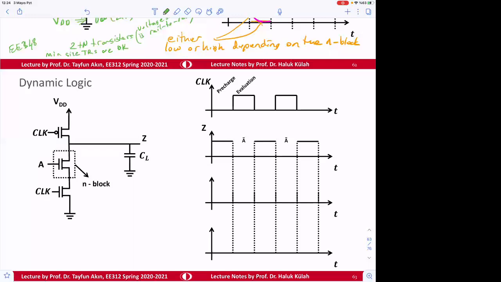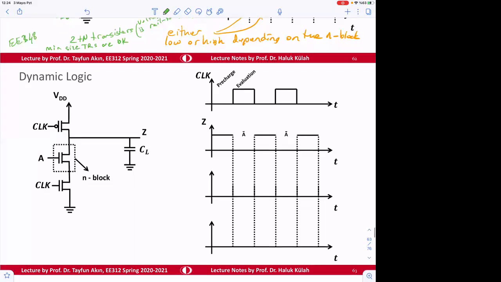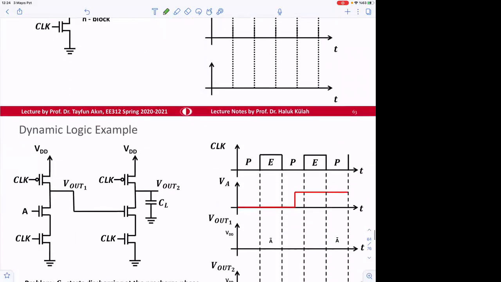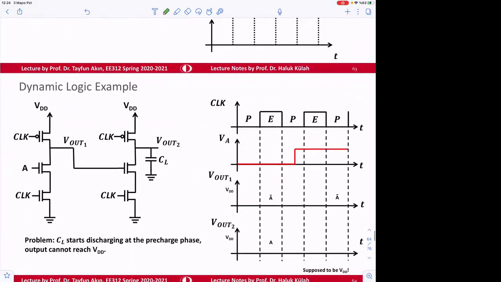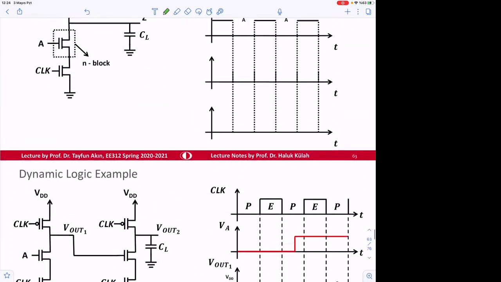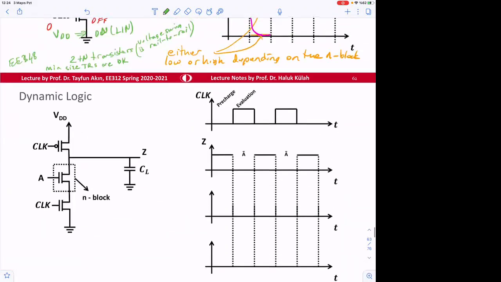So in this dynamic logic, here is shown only for the inverter case. The pre-charge, the Z output is going to be like that. So clock.